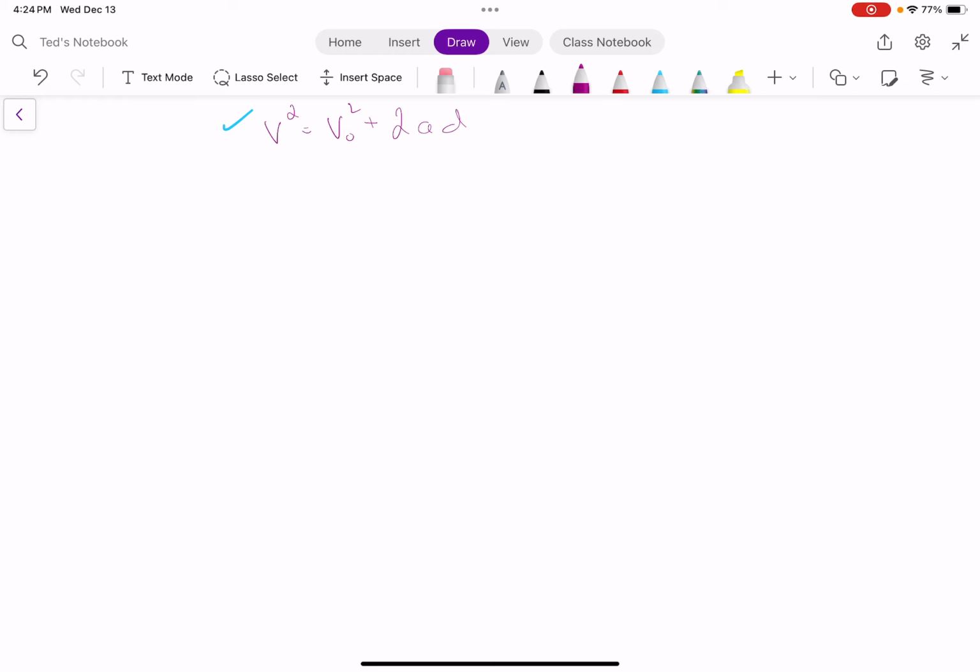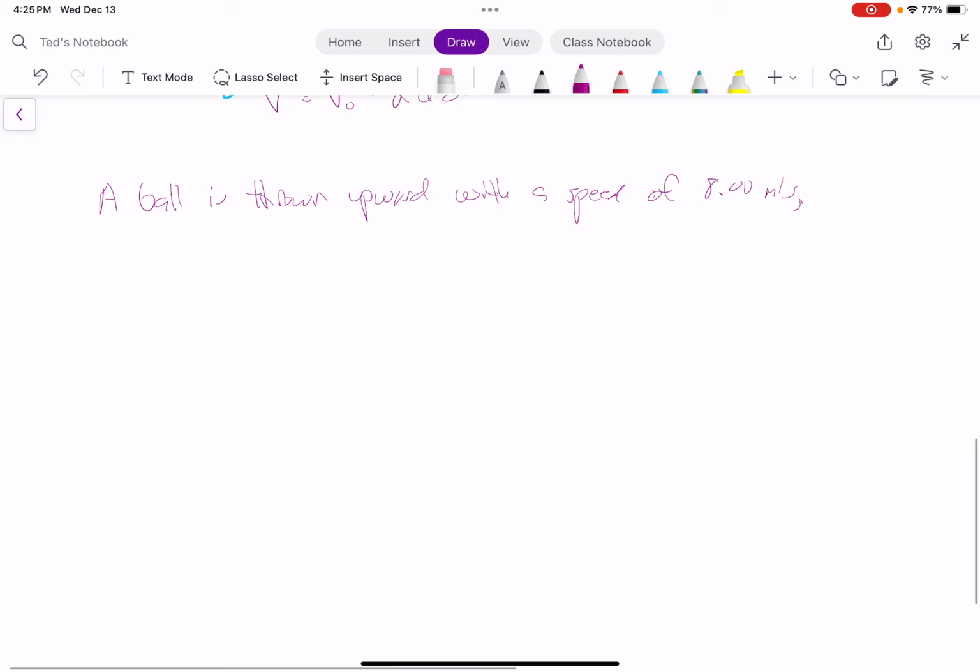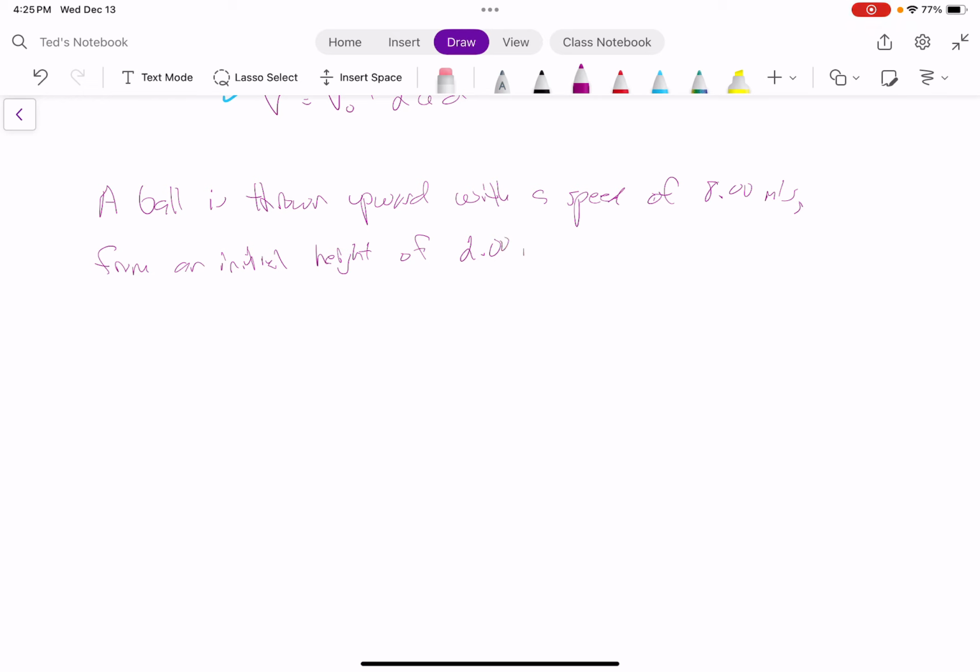So let's say that we have a ball that is thrown upward with a speed of 8.00 meters per second from an initial height of 2.00 meters.